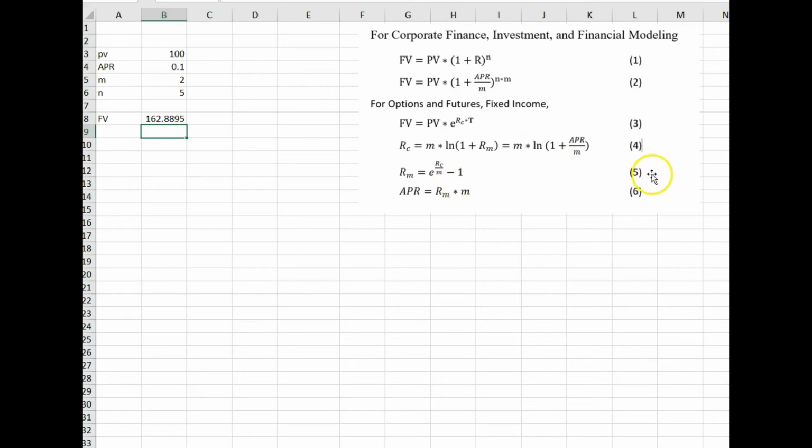Based on equation number 4, we can calculate the continuous compounding rate. So this is RC.